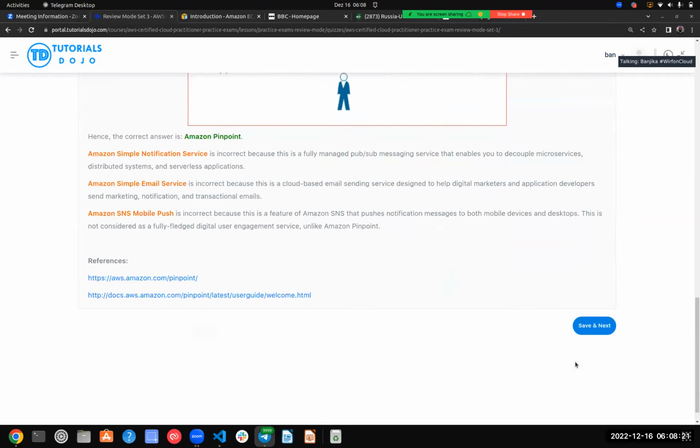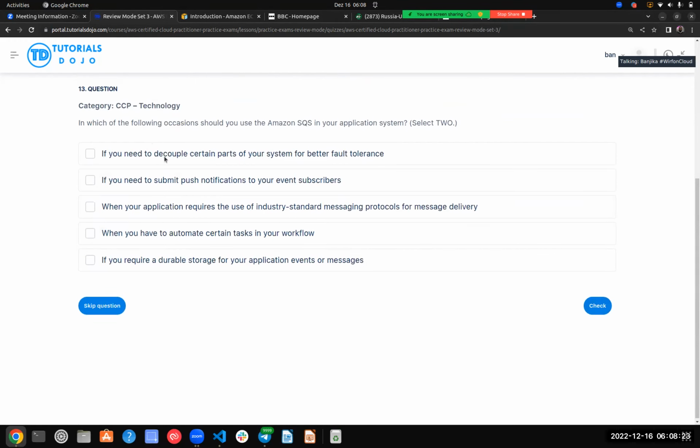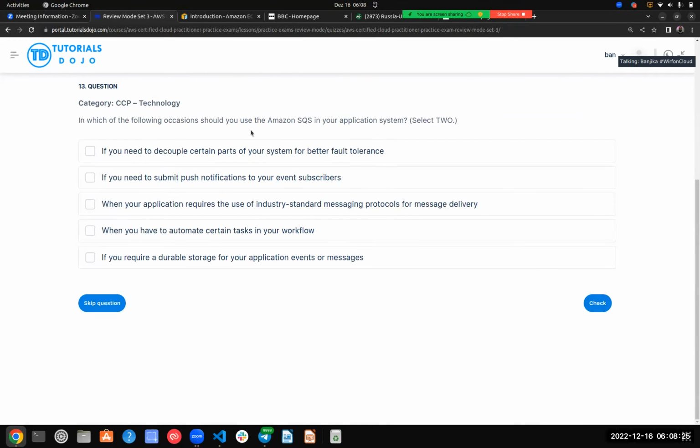Okay, so then this question is still for you, Edwin. In which of the following occasions should you use Amazon SQS in your application system? Select two.